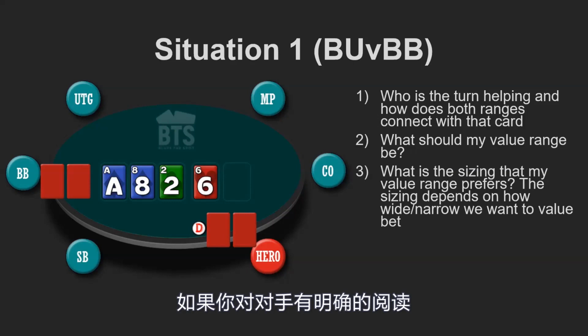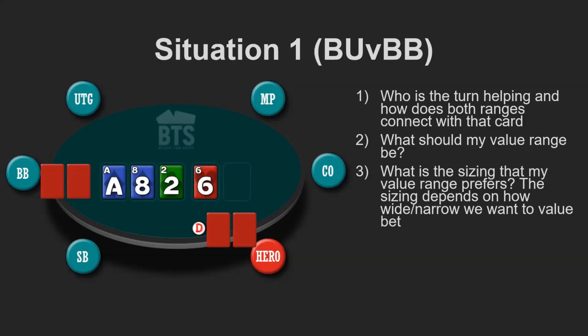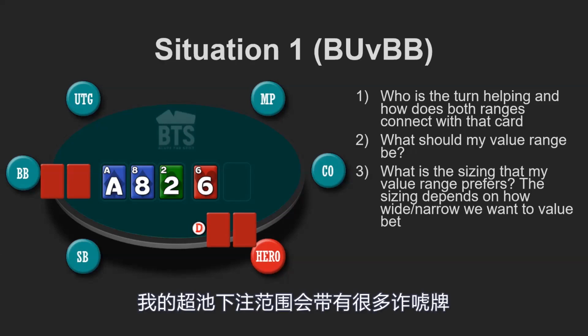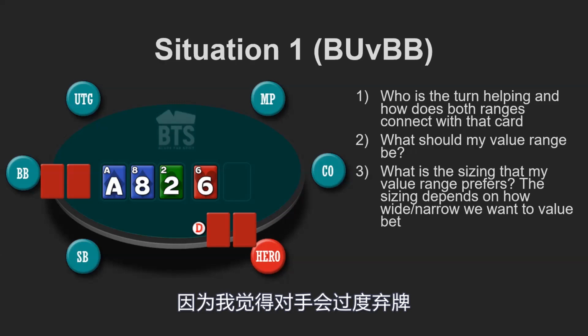If you know that people are actually overfolding massively versus the overbet, there are some spots where my overbetting range is going to be super bluff heavy, because I think that people are overfolding versus that. So I'm going to be bluffing quite a lot there. And then I'm going to be using a smaller sizing with my value range, because I want to make sure I get called. But again, this is exploitative.